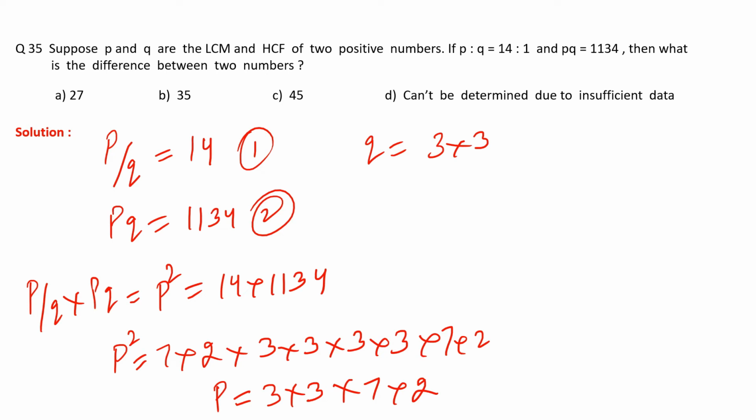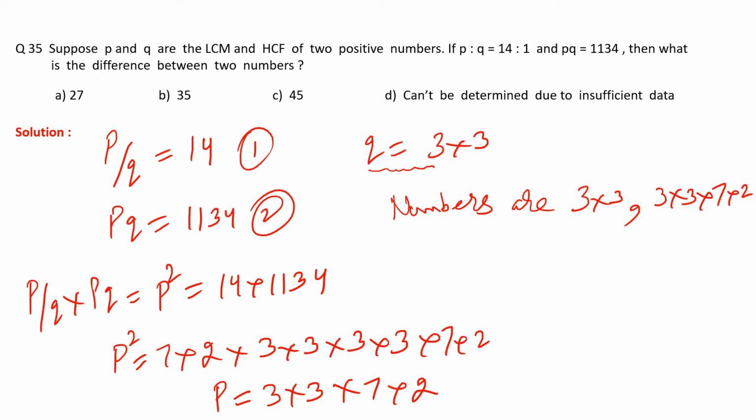Right? Now students, Q represents the HCF or highest common factor of these two numbers. So that means this value 3 into 3 must be present as a factor in both the numbers. So from these two values we conclude that the numbers are either 3 into 3, and 3 into 3 into 7 into 2.